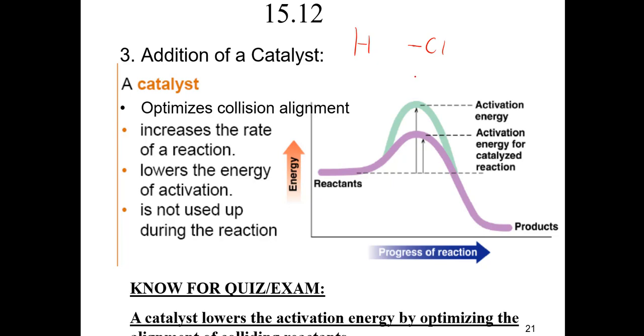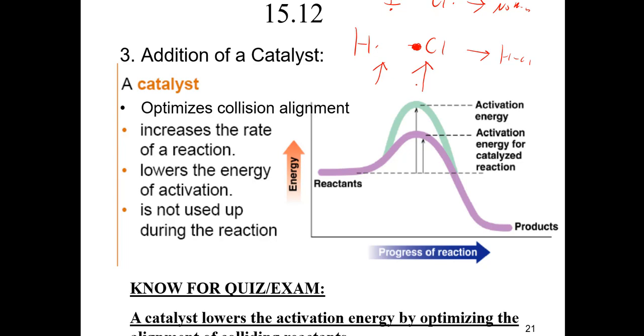So for example, and this is just a general example, let's say I have hydrogen and chlorine, and the chlorine needs to have its unpaired electrons facing each other just right for a reaction to occur. If they're in the wrong alignment, so the electron's down here and the chlorine's on the other side, then there'll be no reaction.